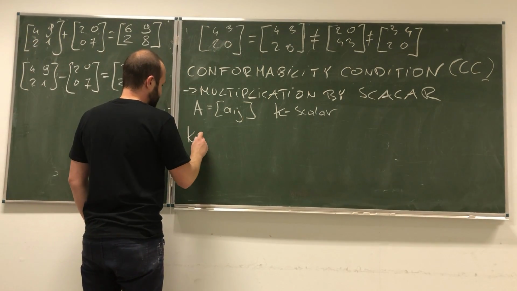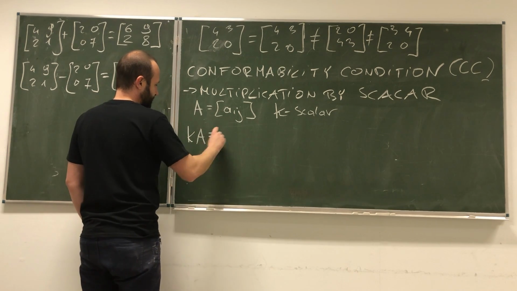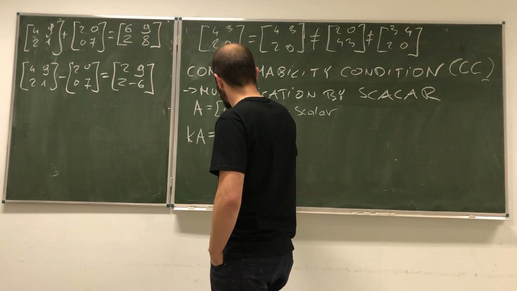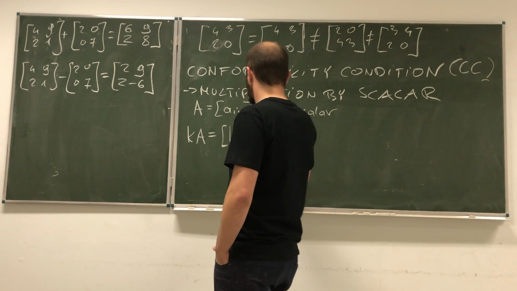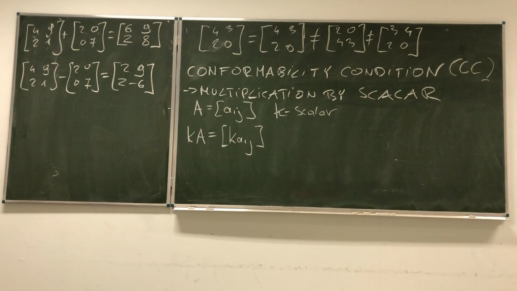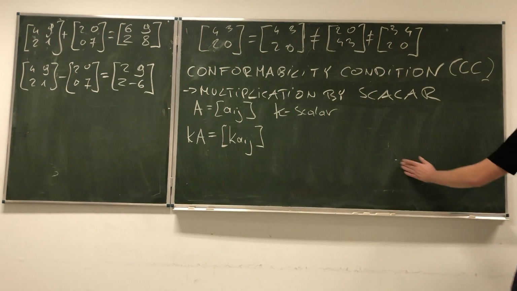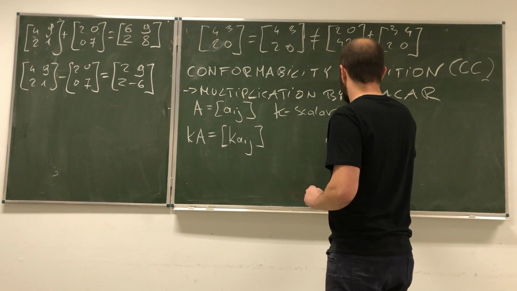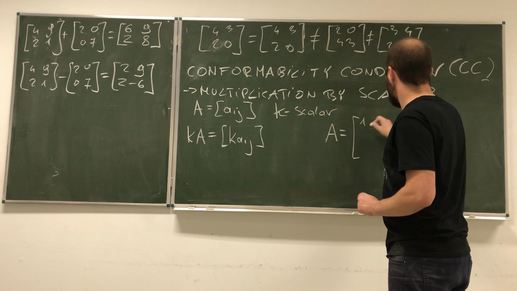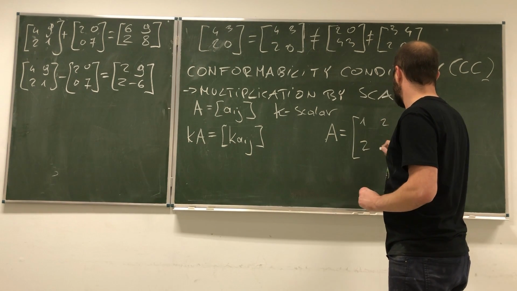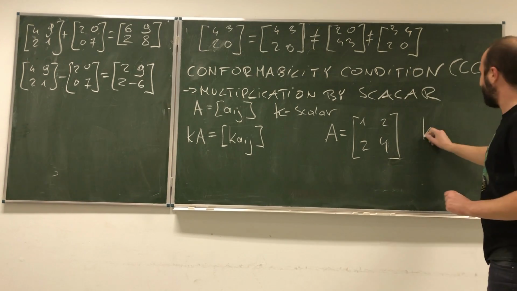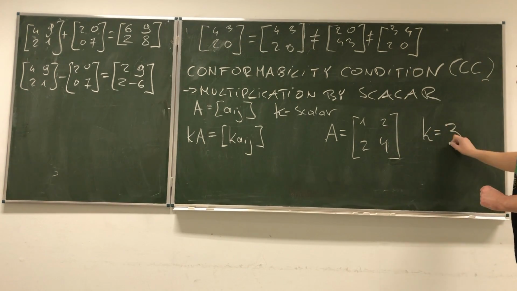Simply, k times A is equal to k times a_ij. Actually, you know what? Maybe let's explain why it is called scalar even now. Okay, imagine that matrix A is given by numbers 1, 2, 2, 4. And our scalar k is 3.